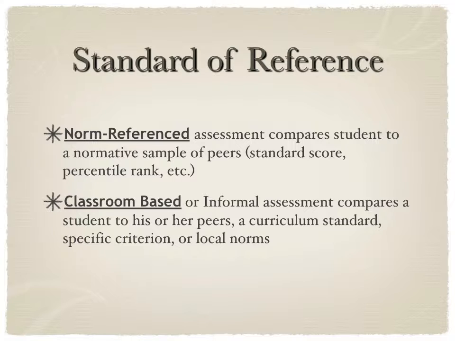So our ability to compare that child to other children is much smaller and is in a much more narrow focus than these norm reference tests that typically include a national sample of the child's same age or grade level peers. But again, the classroom based assessment does give us information about how the child is performing in relation to a specific skill, a curriculum standard, or their peers, locally at the grade or district level.